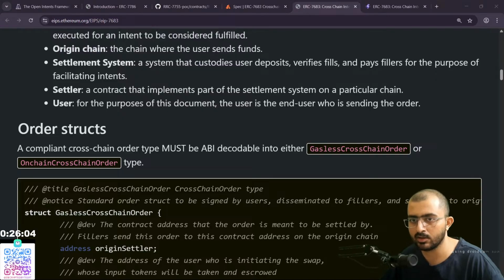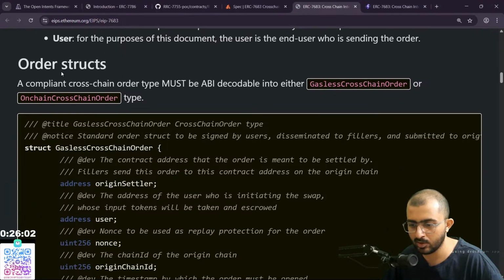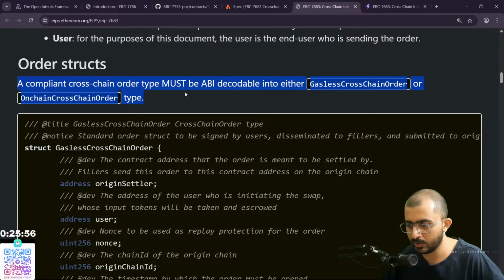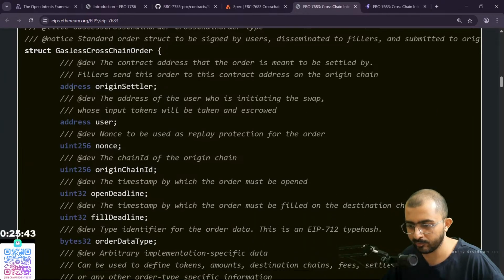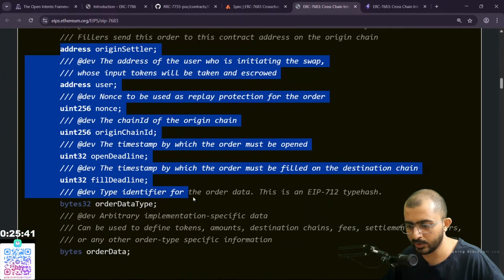What else do we have? Order structure. So a compliant cross-chain order type must be decodable into either a gasless cross-chain order or an on-chain cross-chain order type. Okay, we can go through this.